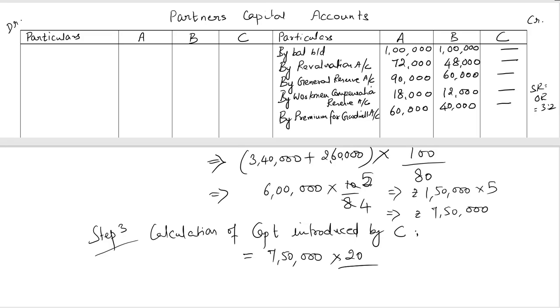So multiplied by 20 divided by 100 or 1 by 5, which is equal to rupees 1,50,000. So this is the capital which is brought in by partner C.